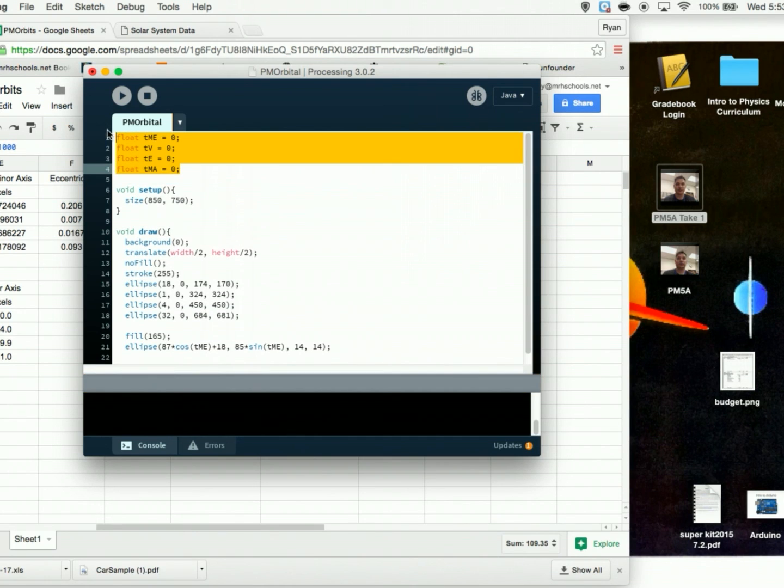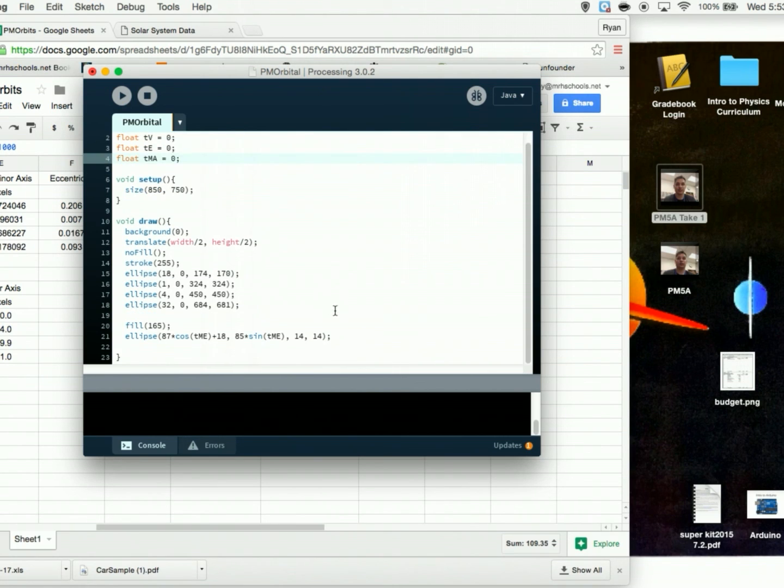So these are the parametric variables. They're going to control how fast our planets are going in orbit. Okay, so basically we're going to create 3 copies of this. So this is Mercury.